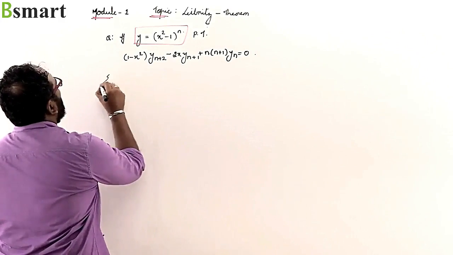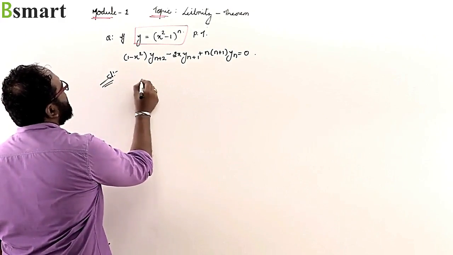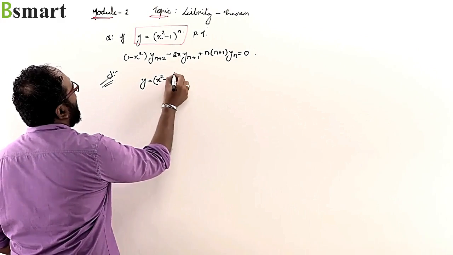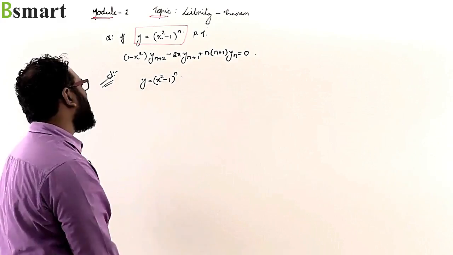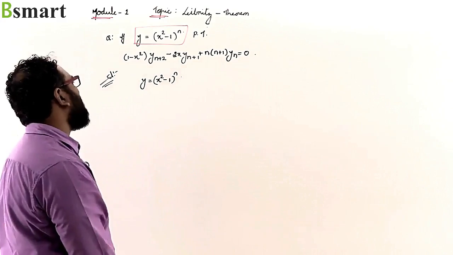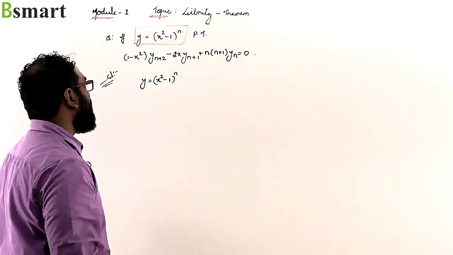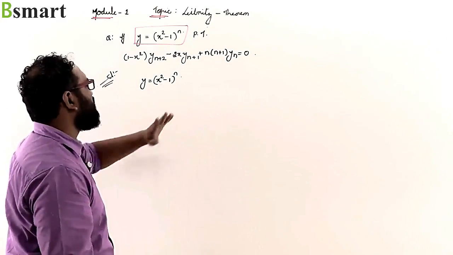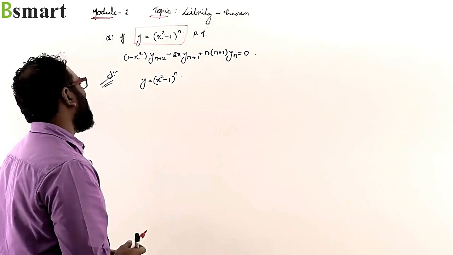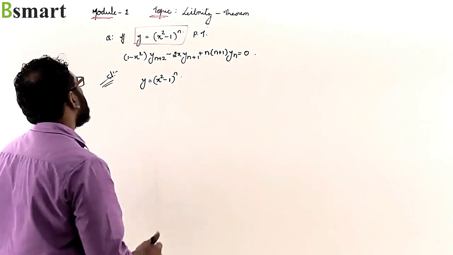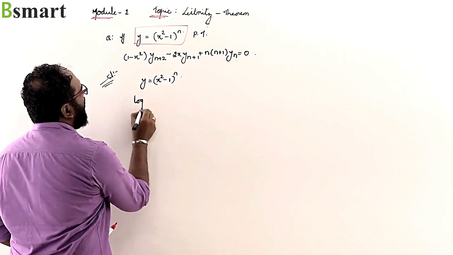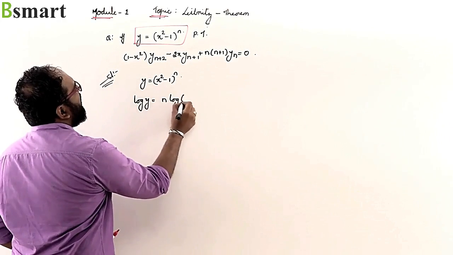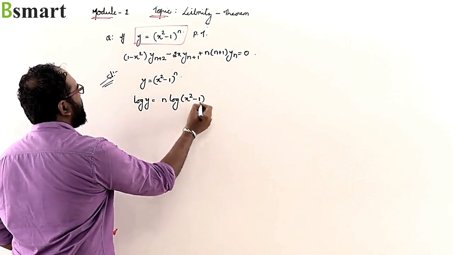Now, given y = (x² − 1)ⁿ, as I am having a power term, I will apply log on both sides. No problem, we can directly substitute or differentiate also, but in order to simplify, I will take log on both sides. So then log y = n log(x² − 1).